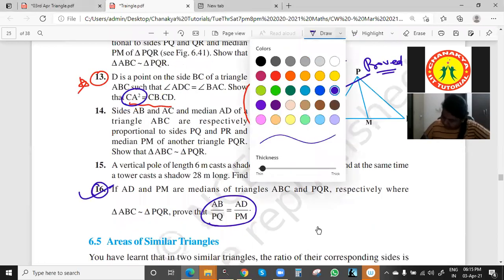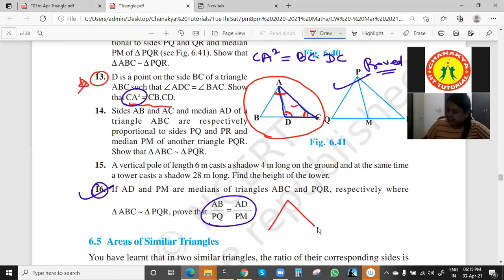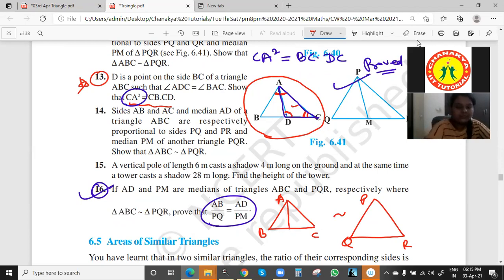See, triangles ABC and PQR are similar. This is triangle ABC, suppose, and here we have PQR, and these two are similar, it is already given. And AD and PM are medians. A median divides the opposite side into equal parts.